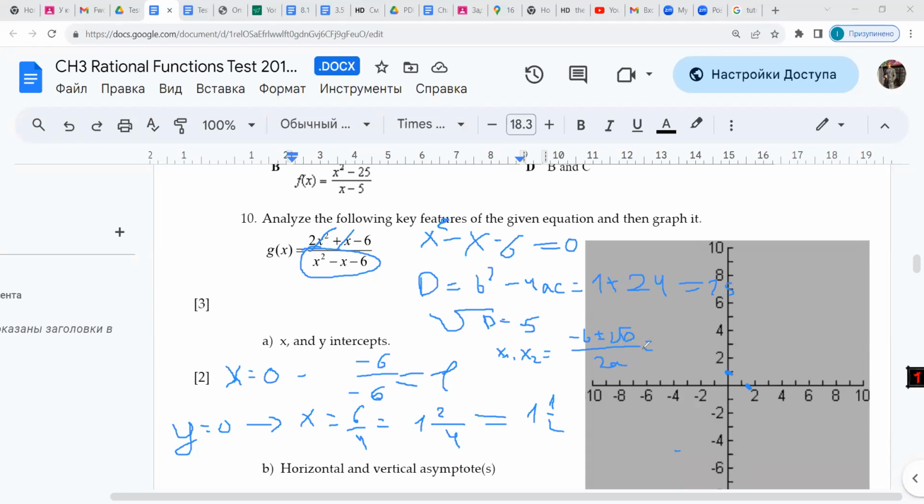In our case, it's minus b is 1, plus minus 5, divided by 2. 1 plus 5 would give us 6 divided by 2, which is 3. And 1 minus 5 would give us -4, which is -2 as a result of division. And exactly as we discovered before, -2, one of the vertical asymptotes, as well as 3, is going to be a vertical asymptote as well.